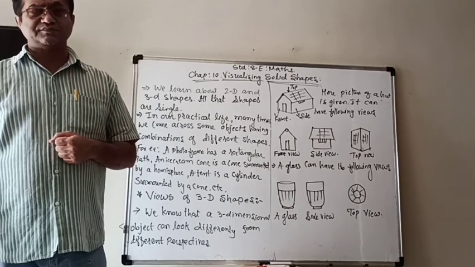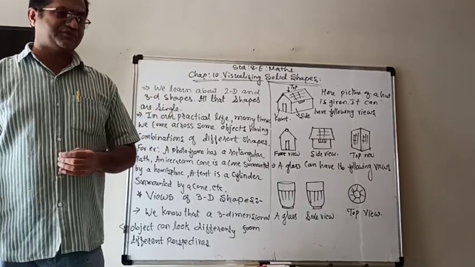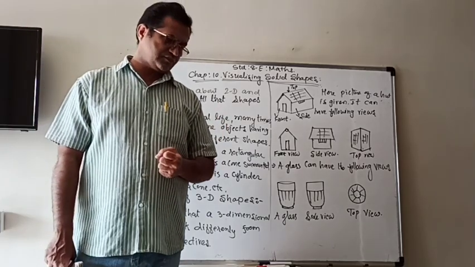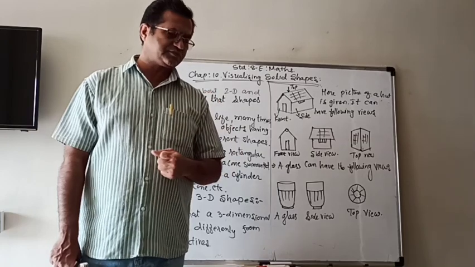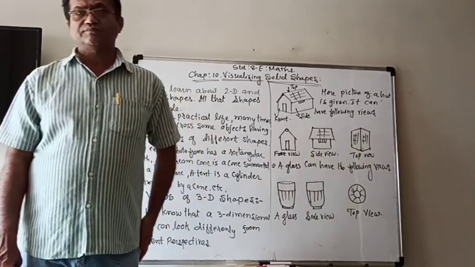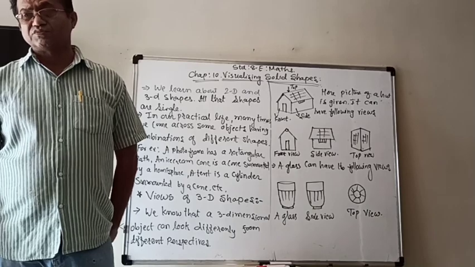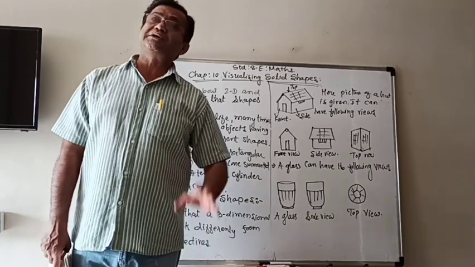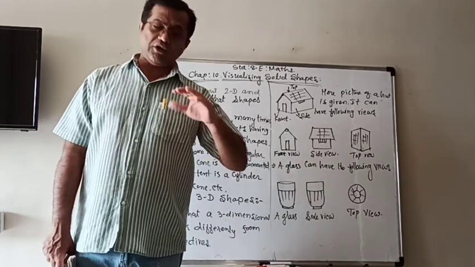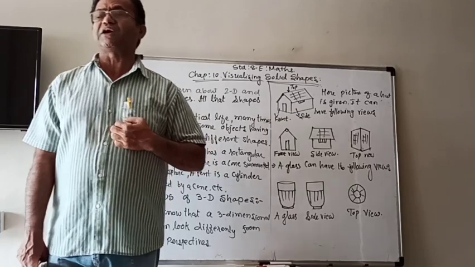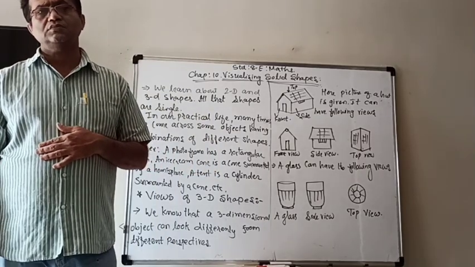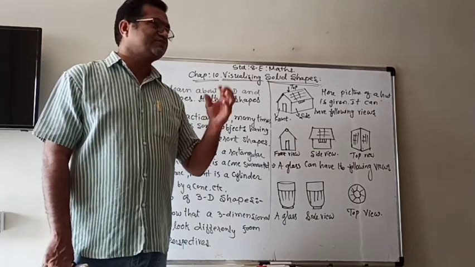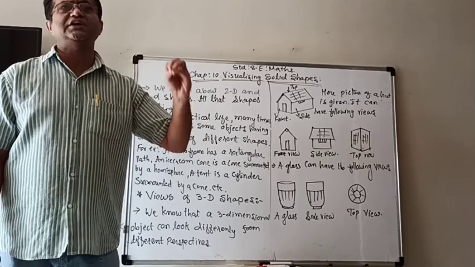But sometimes in our practical life, you will find so many examples of objects whose shape is not a single shape, but a combination of these, maybe two or three shapes together. So not every time will you come across a single type of 3D object.